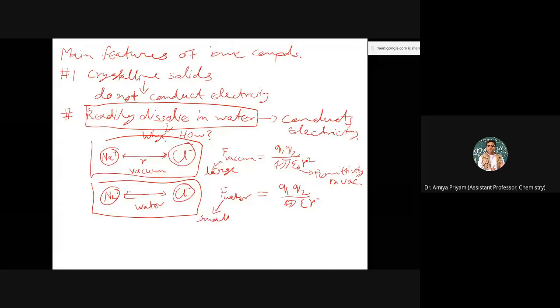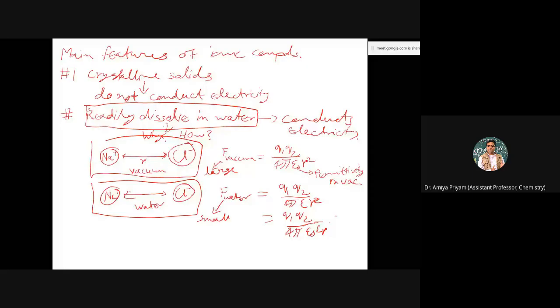This is further expressed as Q1 Q2 by 4 pi epsilon naught into epsilon r, times 1 by r square.